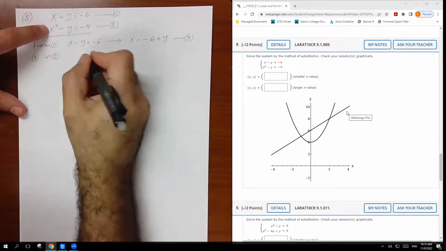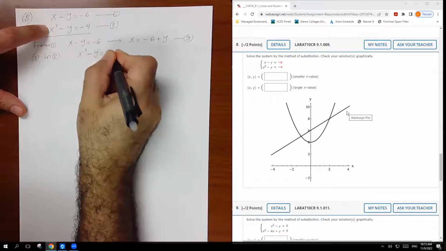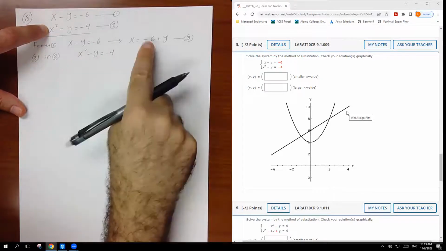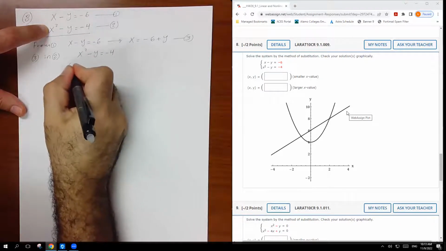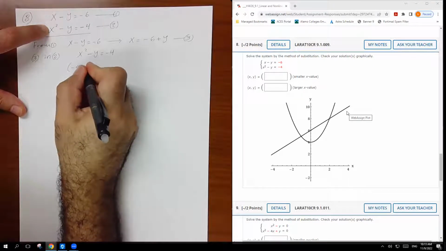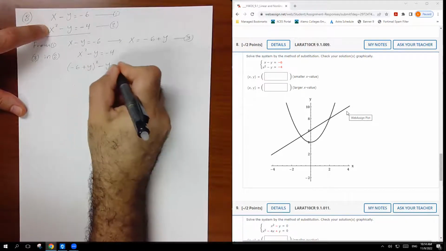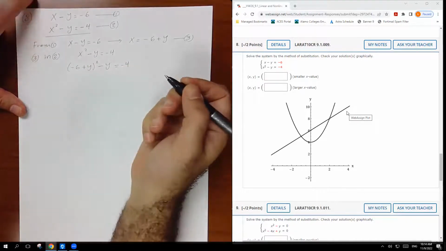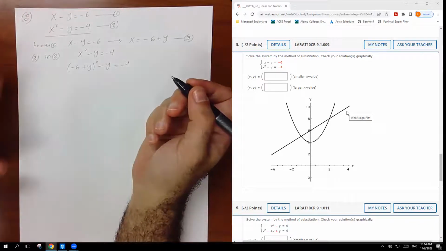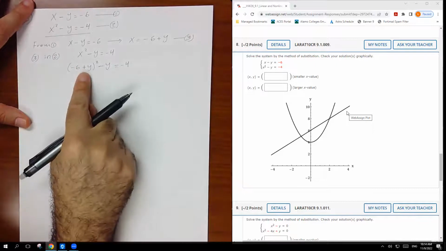So here is the second one. x squared minus y equal -4. x squared, that means (-6 plus y) squared minus y equal -4. Now we need to solve this one for y. First of all, I have to FOIL this one.